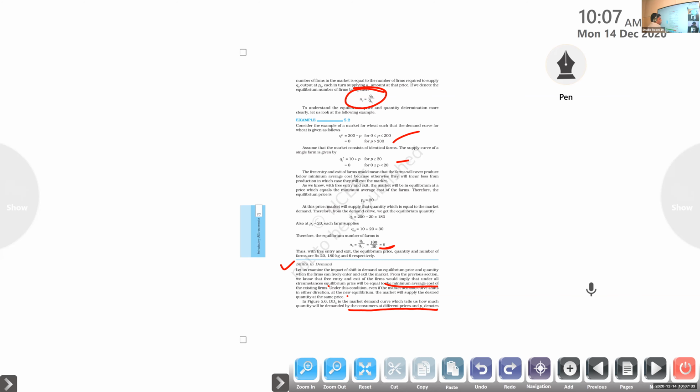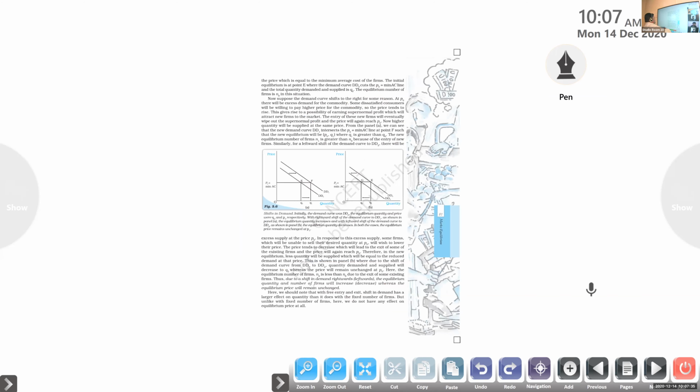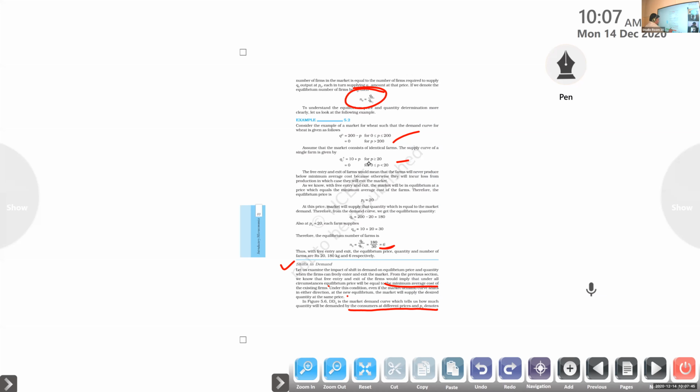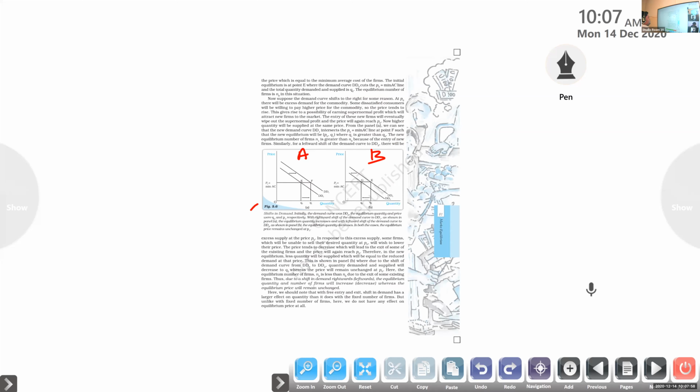There are two panels, panel A and panel B. P0 denotes the price which is equal to the minimum average cost of the firms there, and Q0 is the quantity demanded.